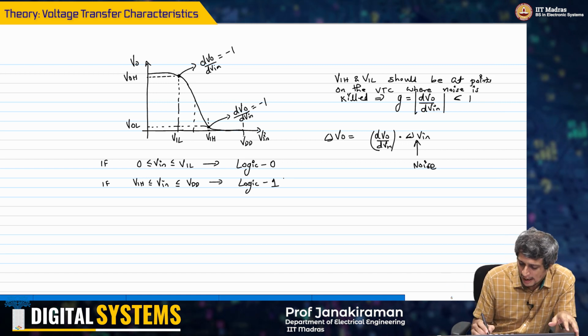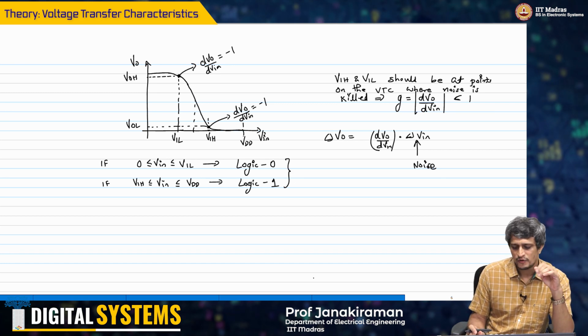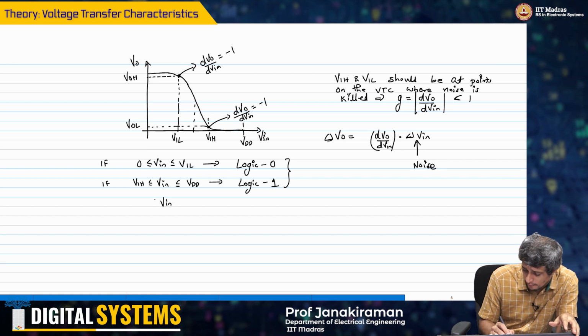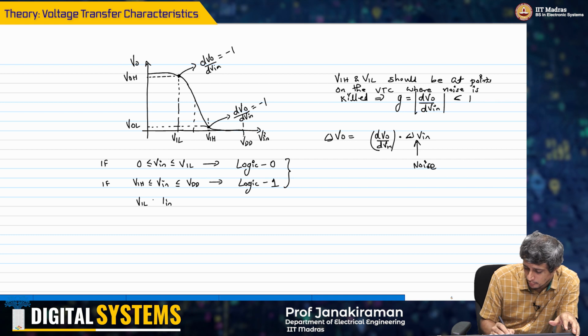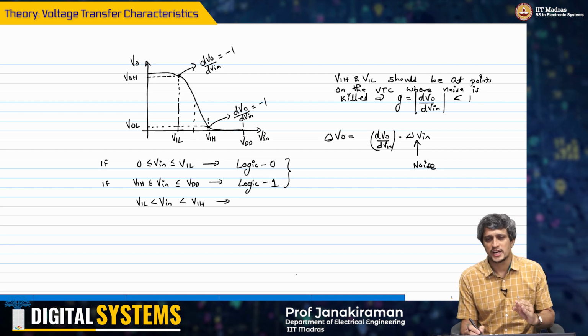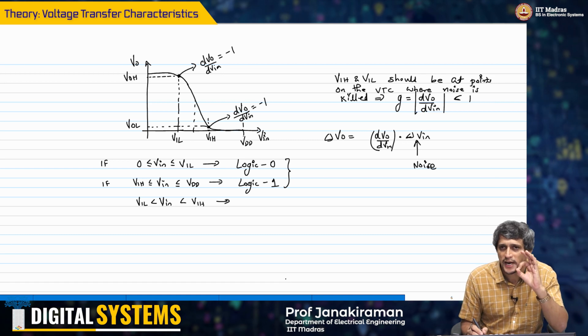Having now defined these 2, we have an obvious question to ask. What happens if the input lies in this region, greater than VIL but less than VIH? This region is indeterminate.